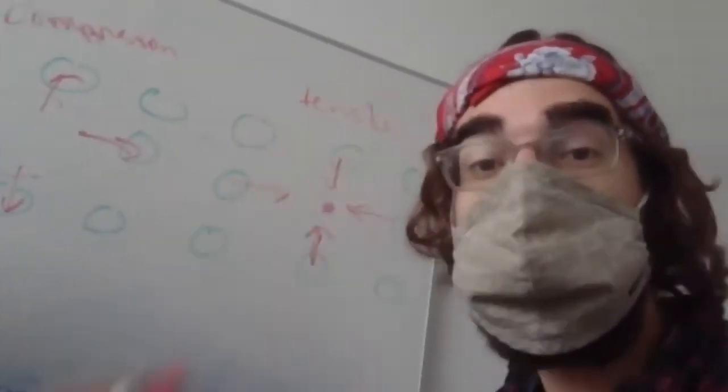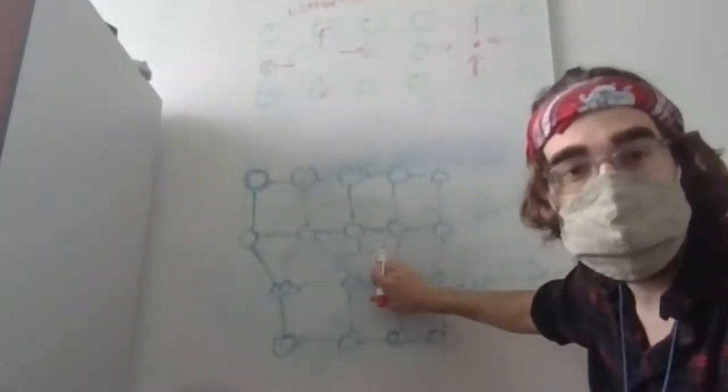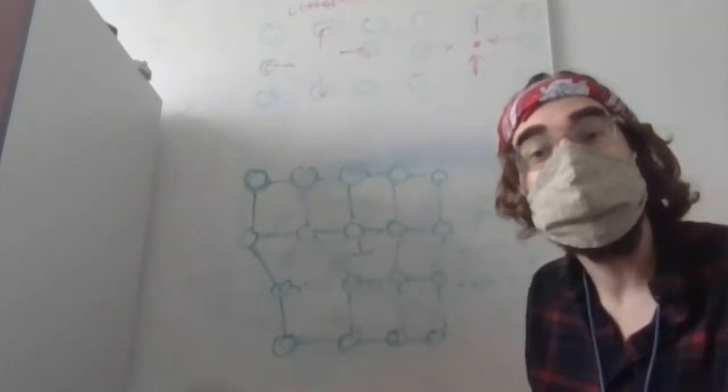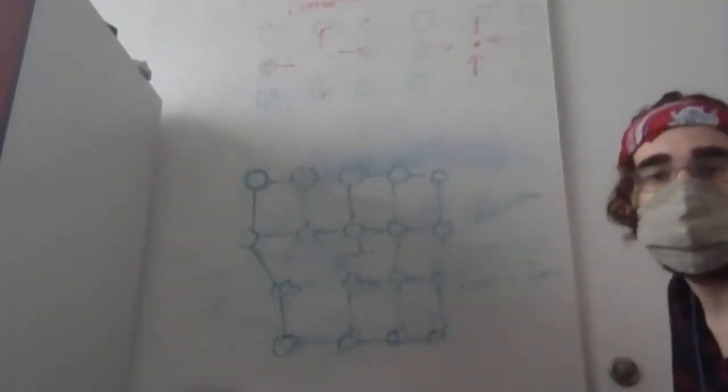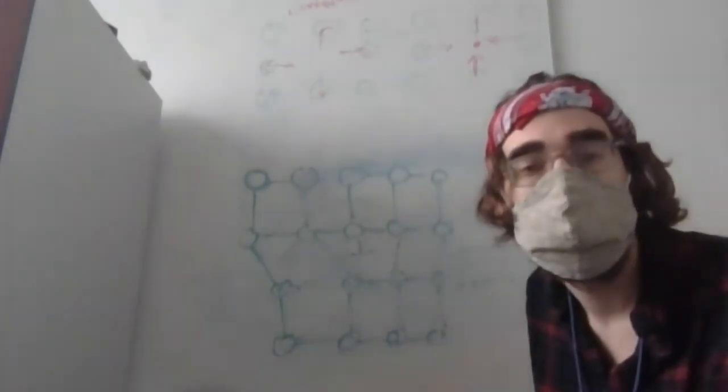Okay? So now we have these two things going on. We have dopant atoms of different sizes introducing forces, and we have these dislocations that are defects in our material that are also introducing compression and tensile forces.